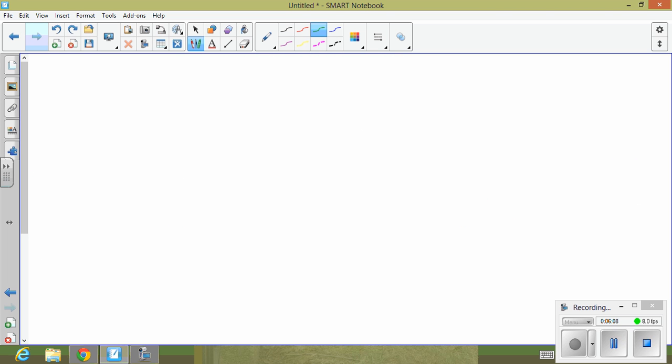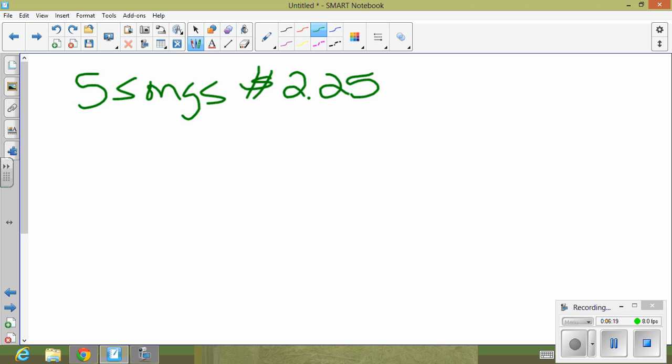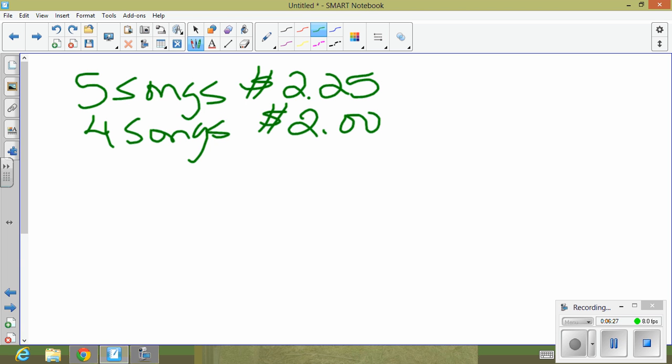Finally, on the first day, I download 5 songs, and I paid $2.25. The next day, I downloaded 4 songs, and I paid $2. So our question is, are the two ratios equivalent?